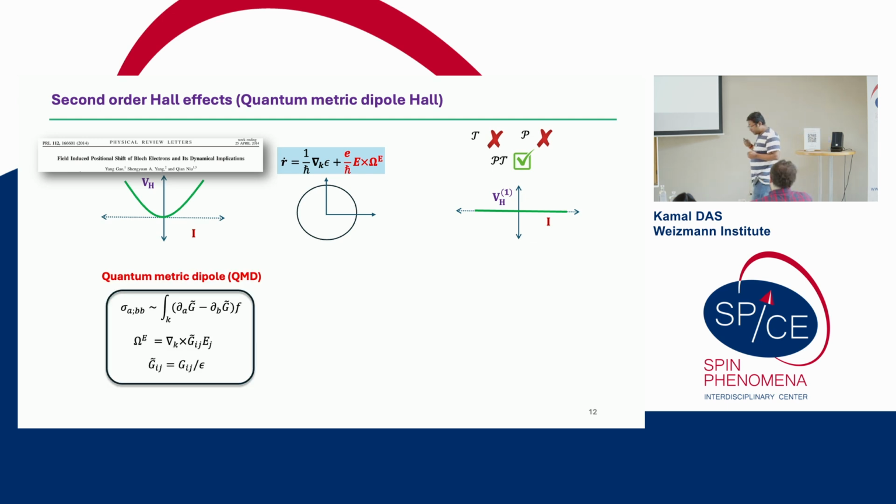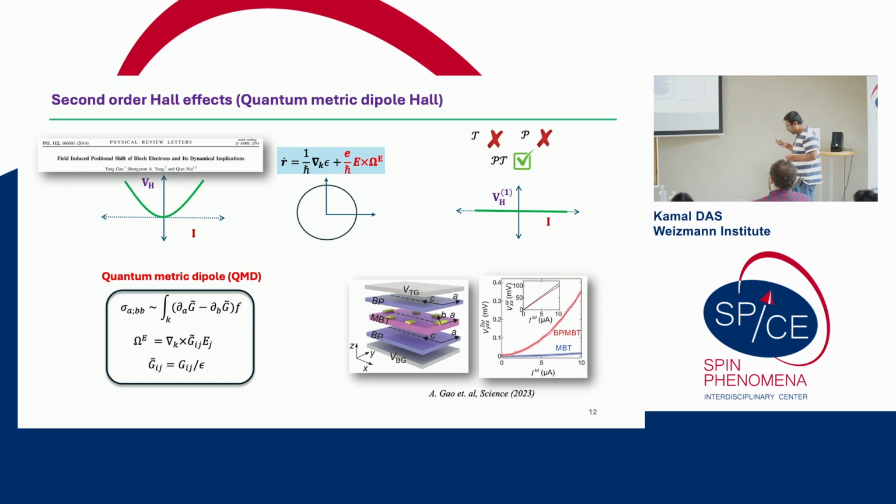Now this effect is interesting because, first of all, it is intrinsic in nature; it does not depend on scattering time. And the other point is that unlike the other Hall effects that I mentioned, like the anomalous Hall effect or Berry curvature dipole, which all appeared from the Berry curvature, this one originated from the quantum metric, the other quantum geometric quantity. This effect has also been seen in experiment in MnBi2Te4 with black phosphorus just last year.